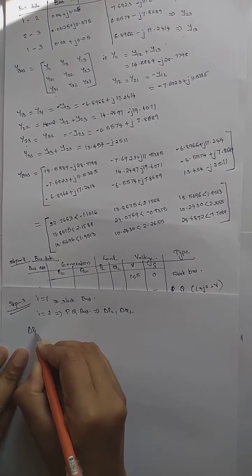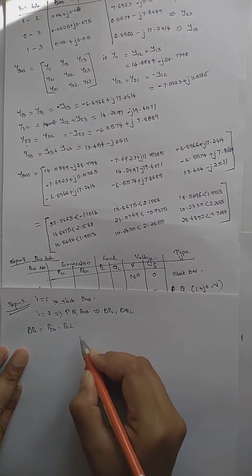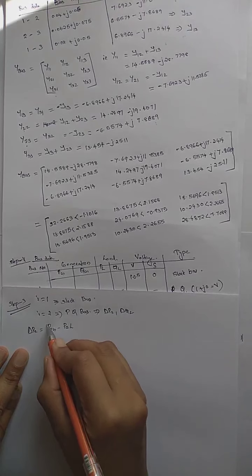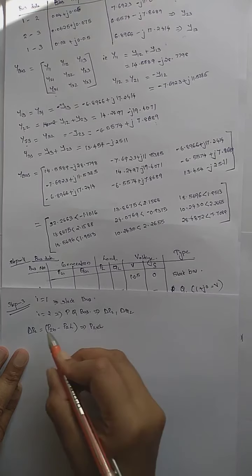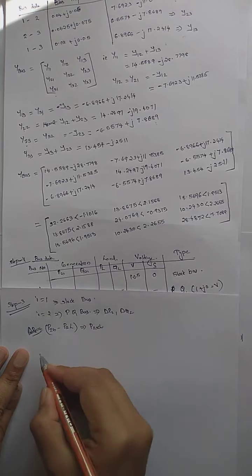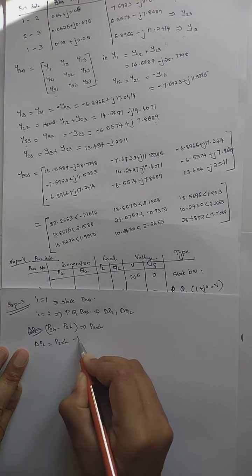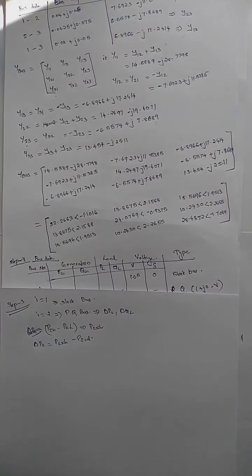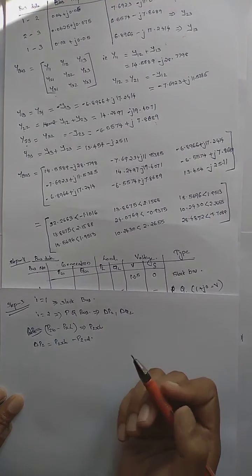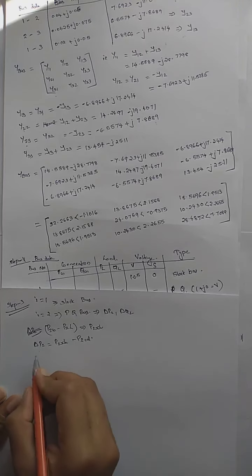What is delta P2? Delta P2 is equal to P2 generated minus P2 load. That is equivalent to P2 scheduled, or delta P2 is equal to P2 scheduled minus P2 calculated. We know P2G minus P2L, and delta P2 is P2 scheduled minus P2 calculated.